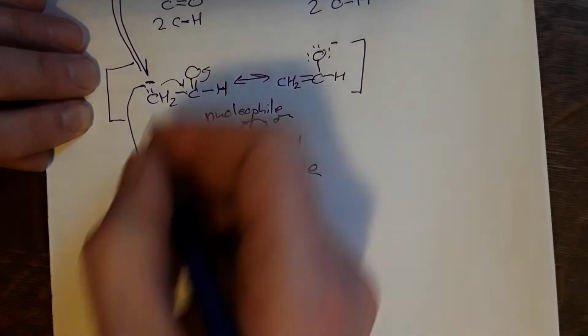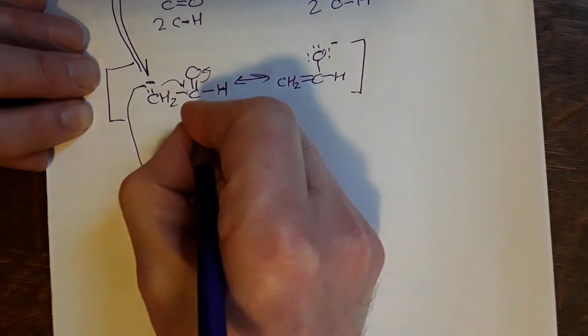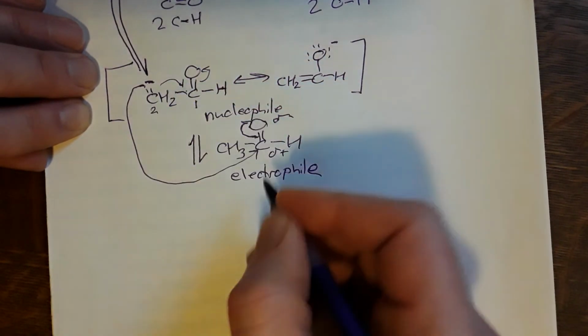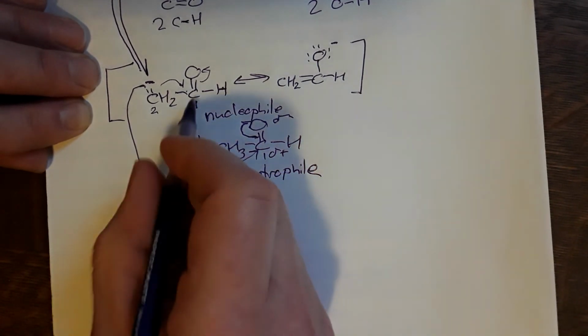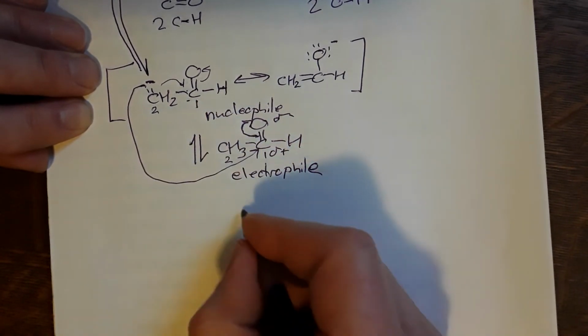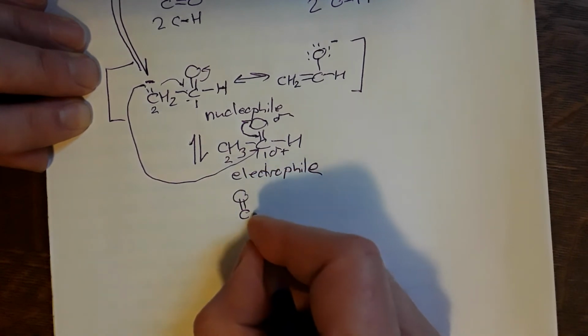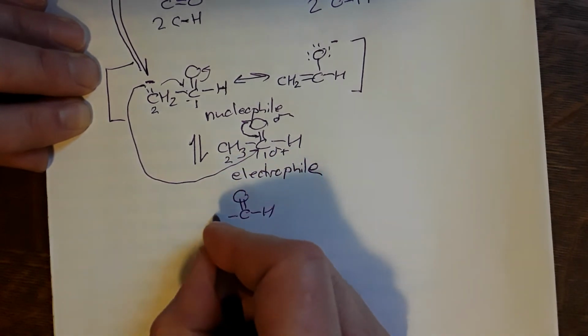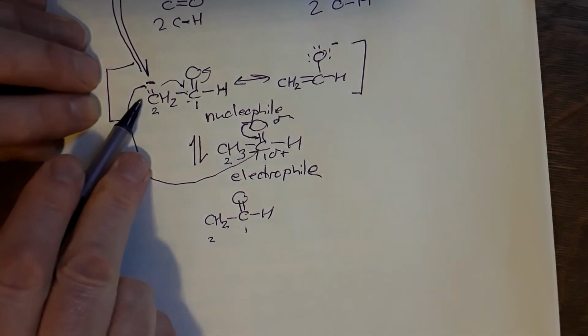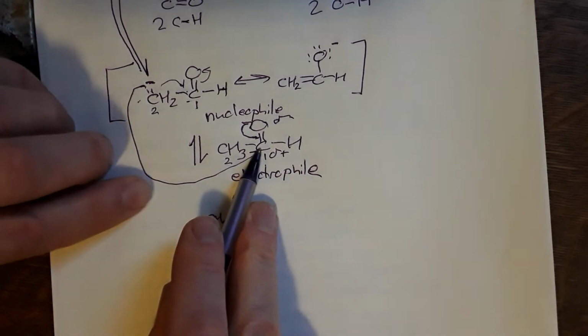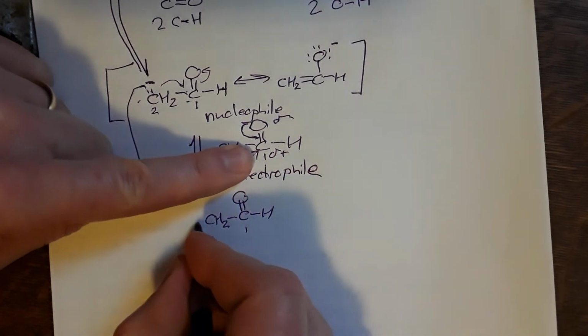So that happens. Let's write numbers here: 1, 2, 1, 2. And so here is our original nucleophile. The product of this is going to be the CH2 of carbon number 2 now connected to this carbon, which is carbon number 1.